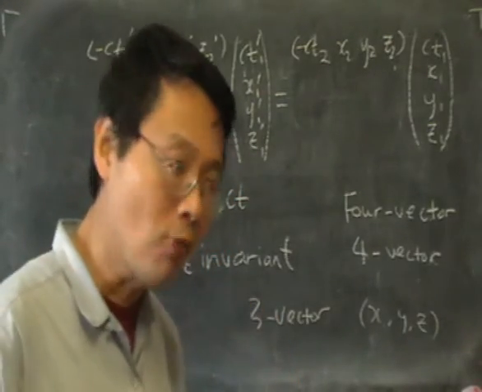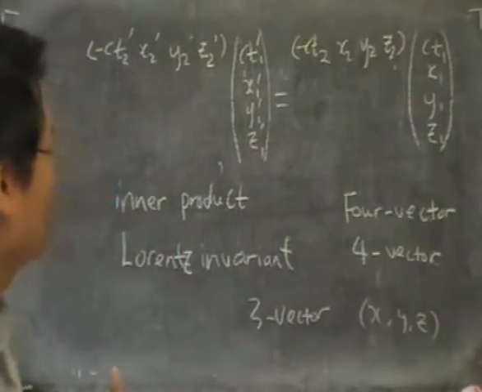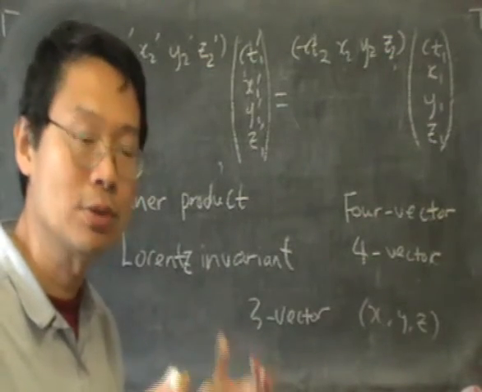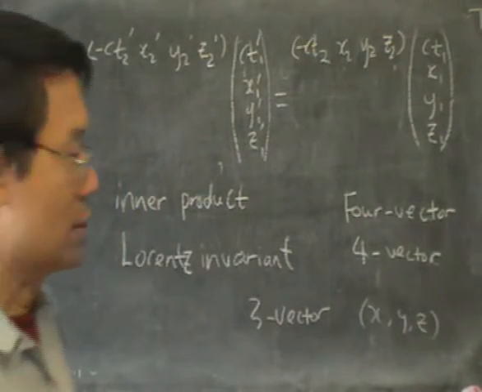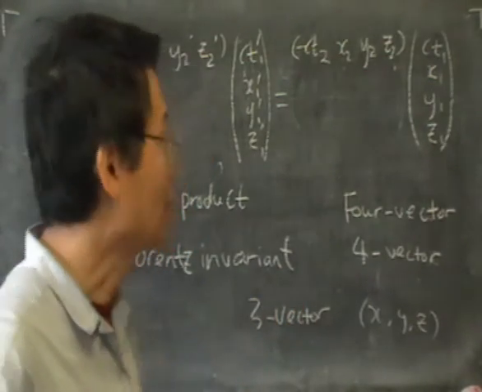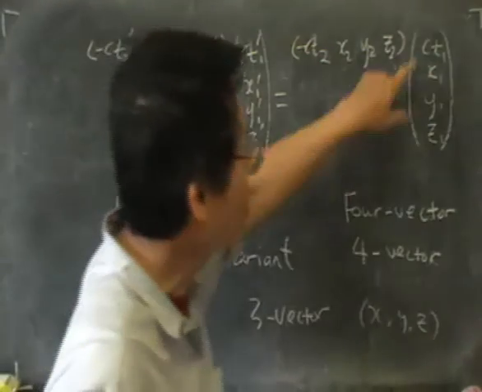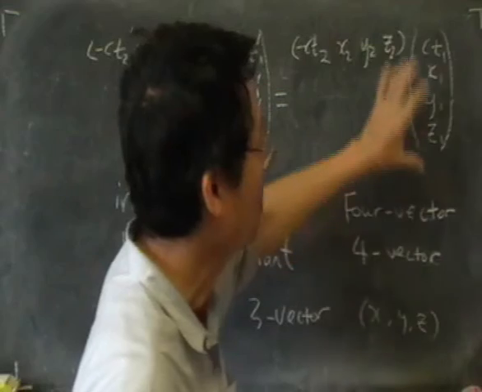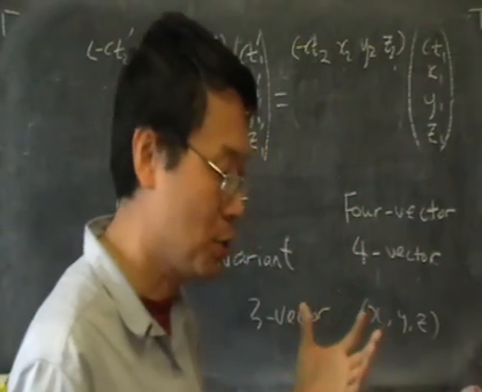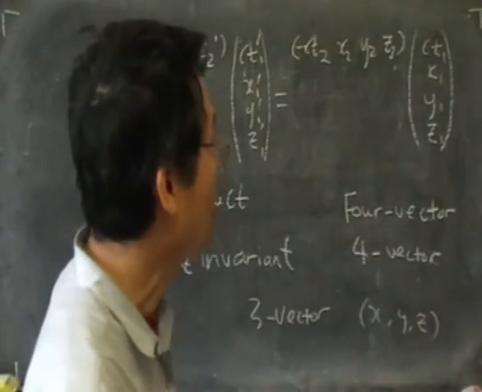Now, there is a definition for a 4-vector. A 4-vector can be any vector that transforms according to the Lorentz transformation. Now that is a rather abstract statement to take in. What it means is that if you look at these 4 coordinates, which I call a 4-vector, you know that physically these refer to, say, a point and a time in a particular frame of reference.